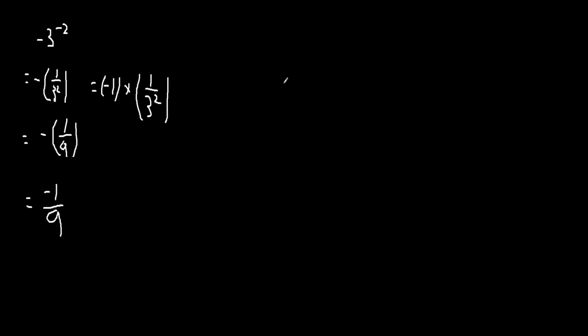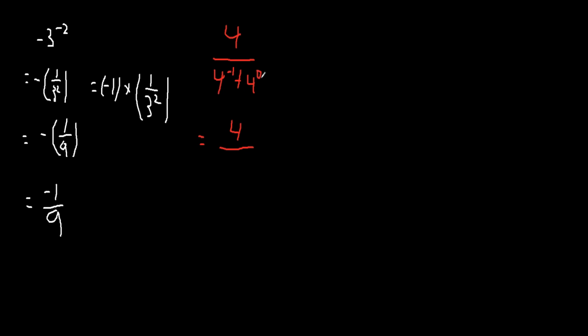So in our next example, we have 4 over 4 to the negative 1 plus 4 to the 0. So if we remember, we have our negative exponent, so we have to take our reciprocal once again.